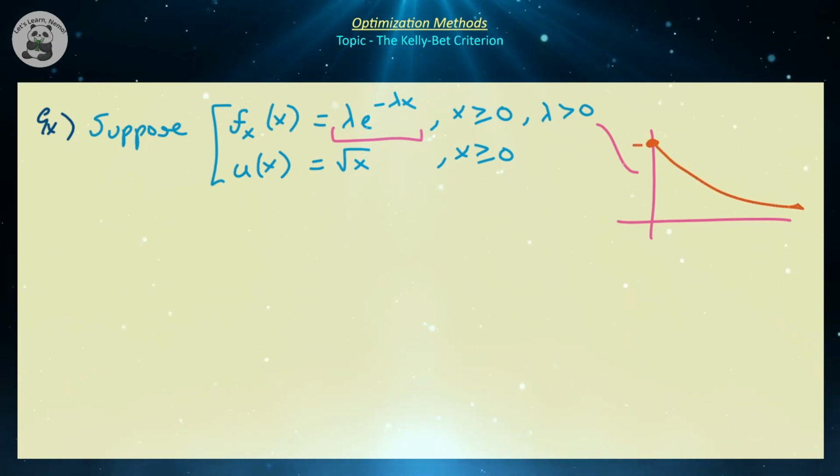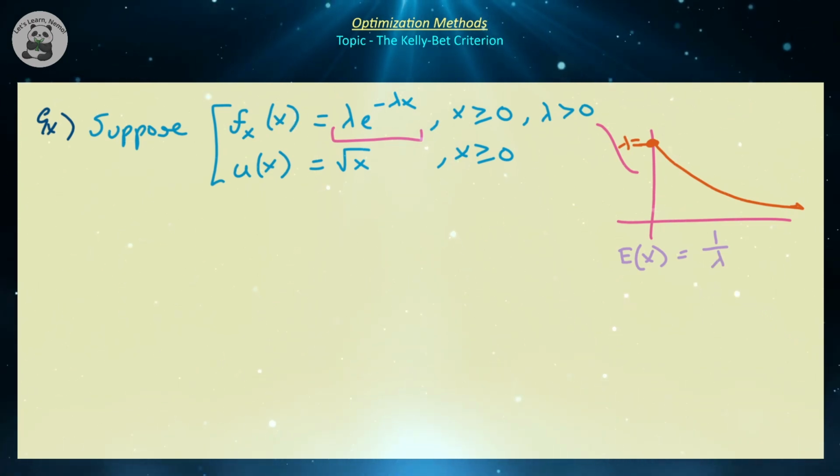Here, that height value is going to be equal to lambda, and that rate parameter obviously controls how fast it decays. And one other important property: the expectation of that random variable is going to be equal to 1 over lambda.